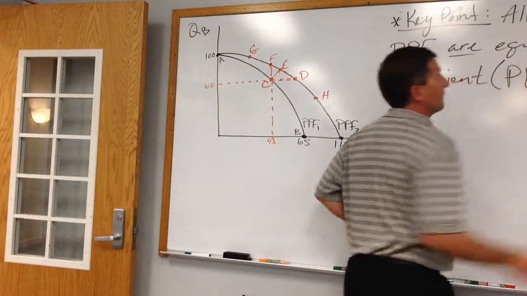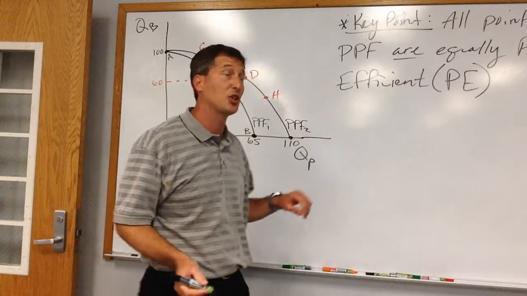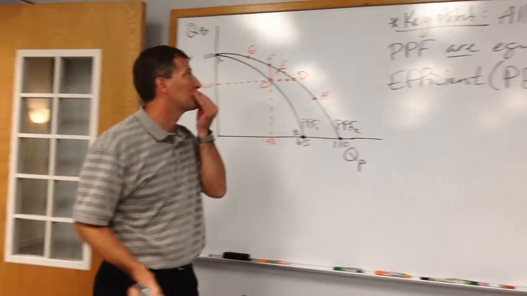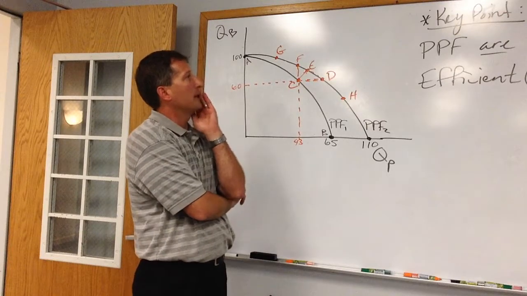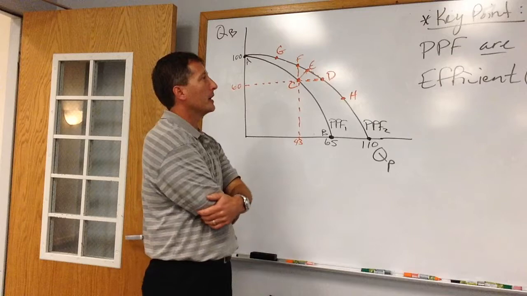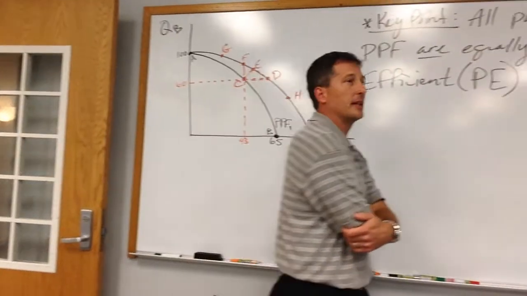PE, productive efficiency, sometimes called production efficiency, same thing. All points along the production possibilities frontier are equally productively efficient.